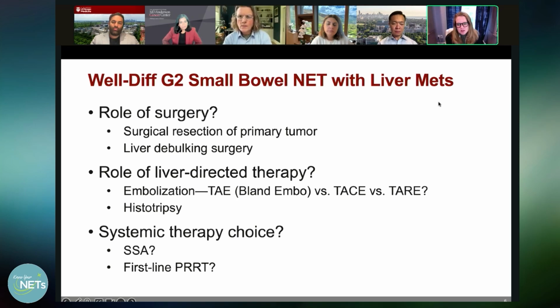So oftentimes at our institution, we may consider a somatostatin analog, and then if symptoms are not optimally controlled, or if we're worried about the pace of disease in the liver, we'll layer on embolization in addition to the somatostatin analog, just to make sure we maintain good control over the liver, because in a patient with this distribution of disease, the liver involvement is where we get into the most trouble.